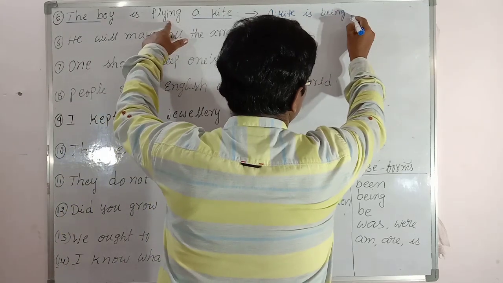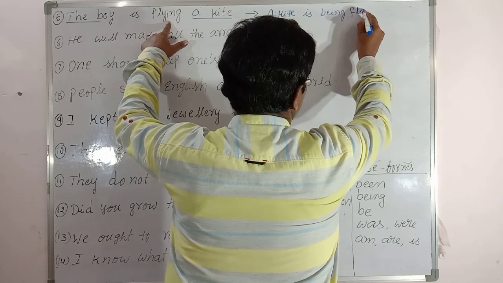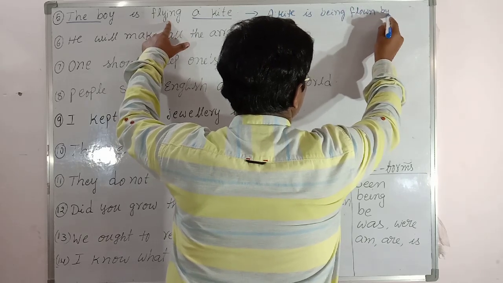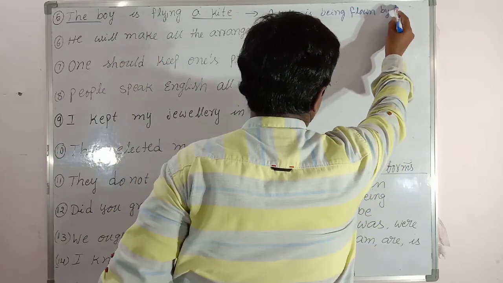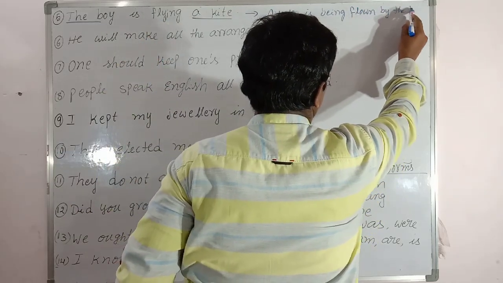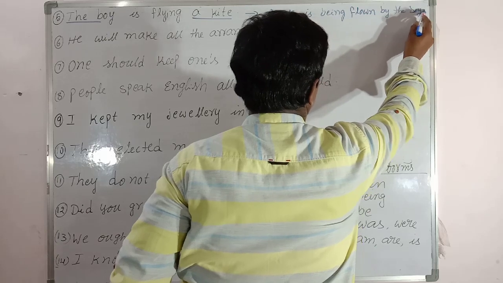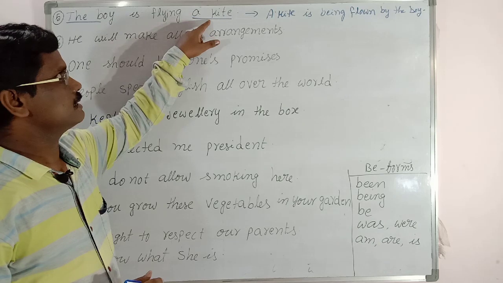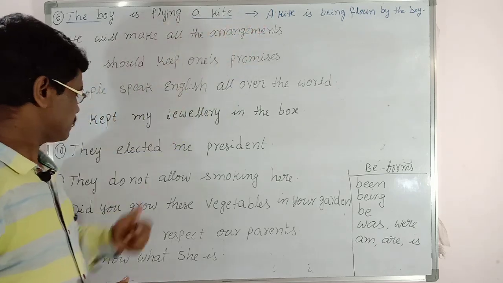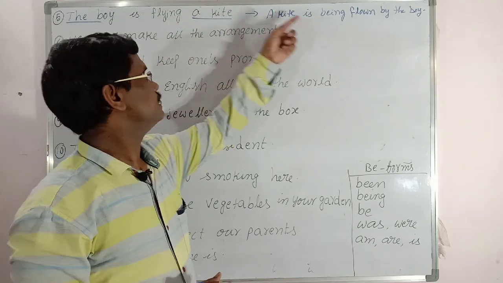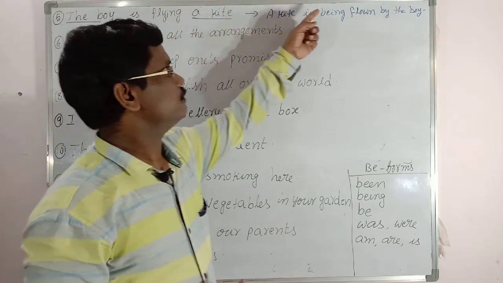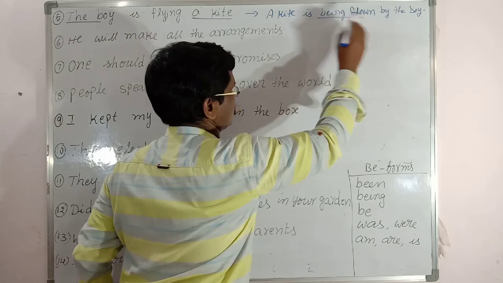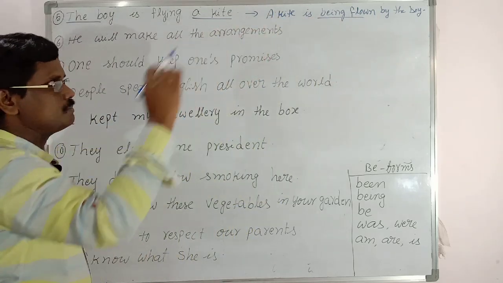That is verb 3, flown. Generally the preposition by is used, that is the boy. Now see, the boy is flying a kite. A kite means it means is. Verb 1 ing form, so being verb 3. You keep this important: by, and that subject becomes object.